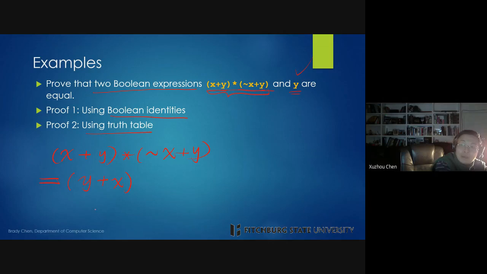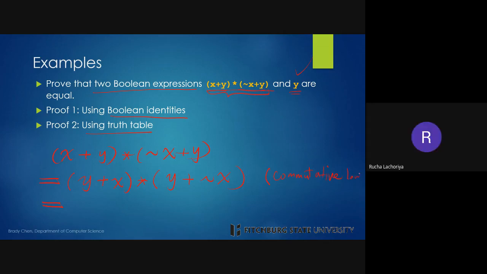That's the commutative law, so you can always exchange the order of x and y. So (y + x)(y + ~x). Then, as per the null law, anything with x is equal to the other thing, so y + x is equal to y, the first parenthesis.